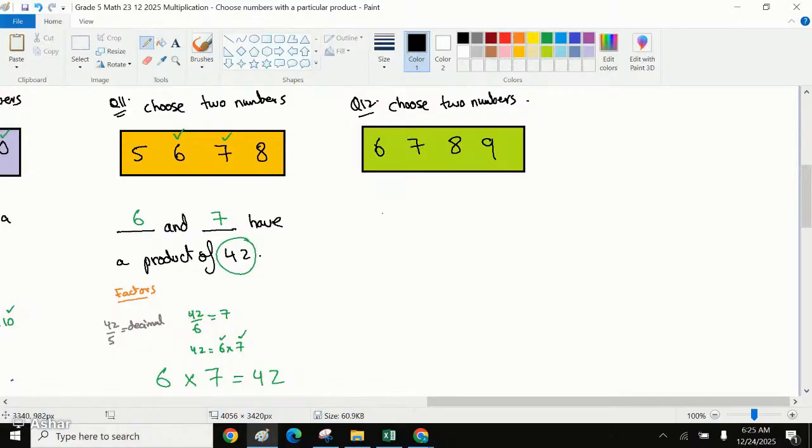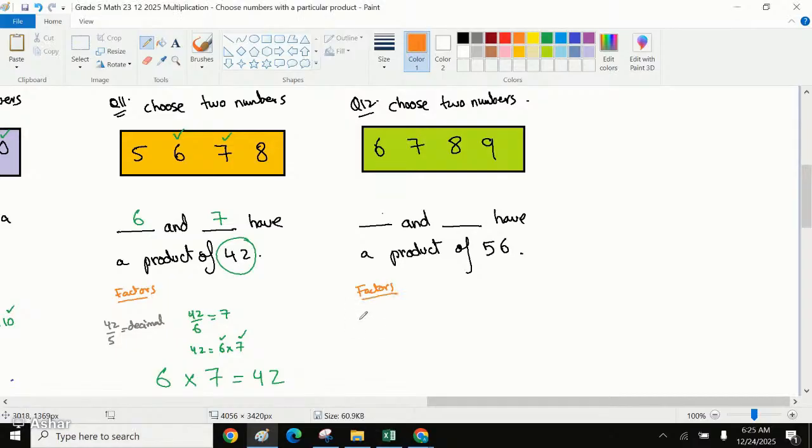So can we say that the first number and the second number have a product, that means multiplication, of let's say 56. If the product is 56, the first thing we need to do is find the factors.